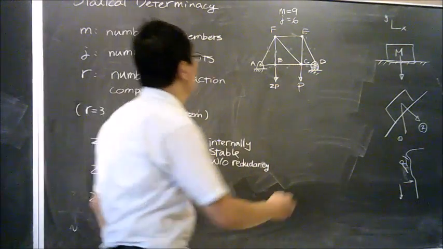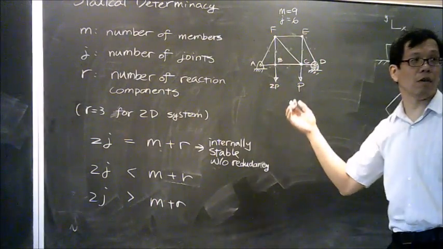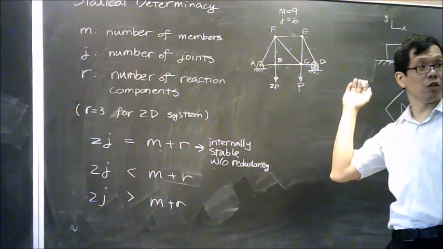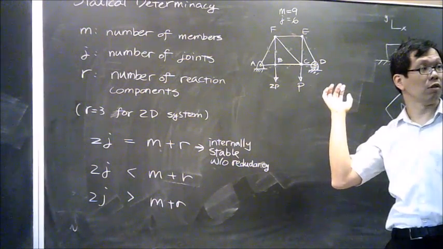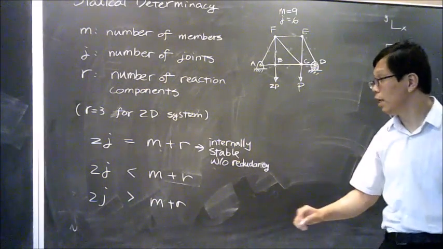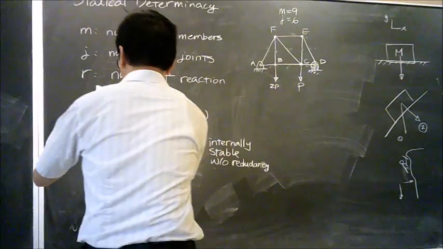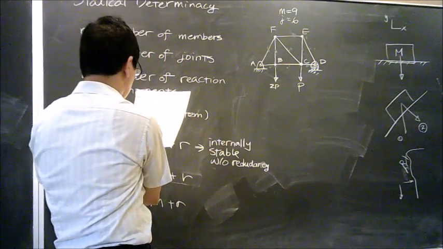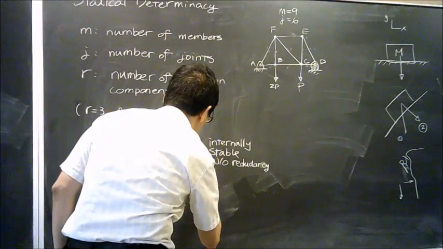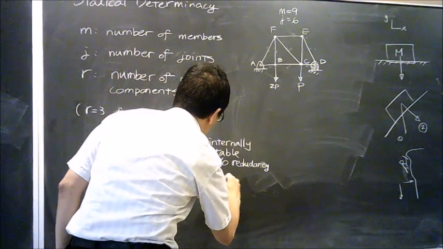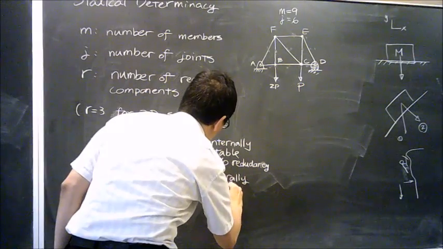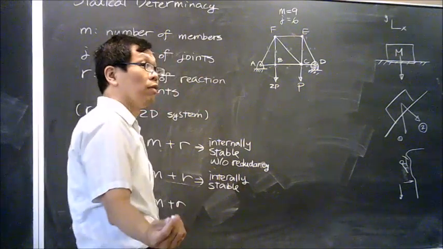It means that if you have a structure like this and you have external pulling forces on top of it, you're not going to change its shape or its structure. It means that it's stable. Okay? If this number 2j is smaller than m plus r, it means that it's stable, which means you're safe.